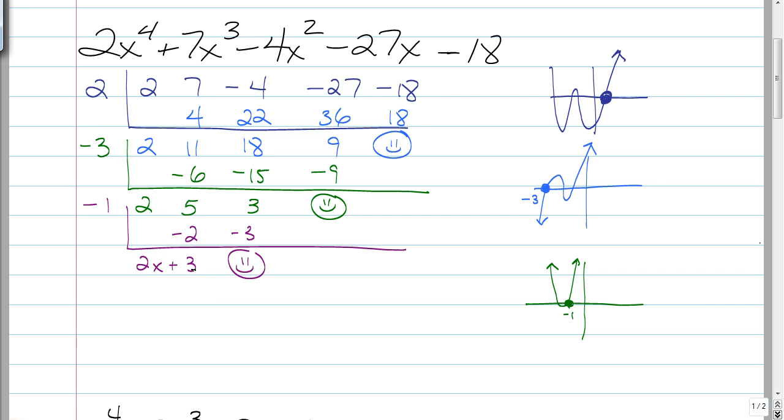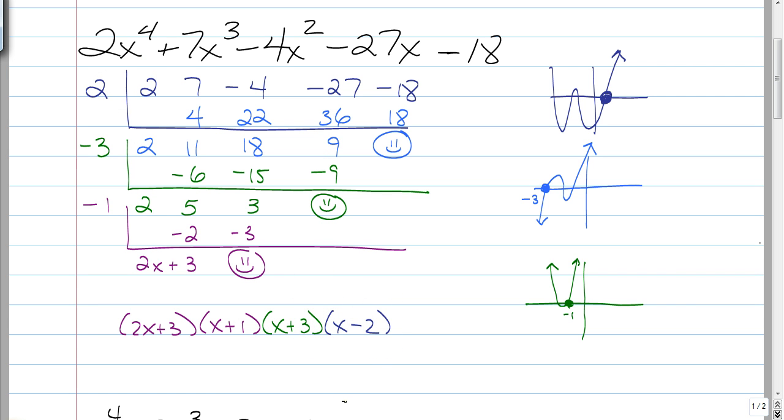So if we were to go all the way back, remember we are factoring completely and listing all the zeros. So we have a 2x plus 3. Don't forget anything else you're using. This x plus 1 came from the -1, this x plus 3 came from the -3, and this x minus 2 came from the +2.